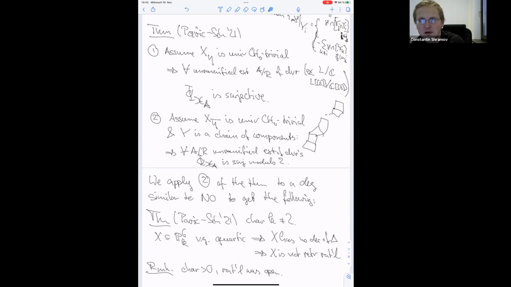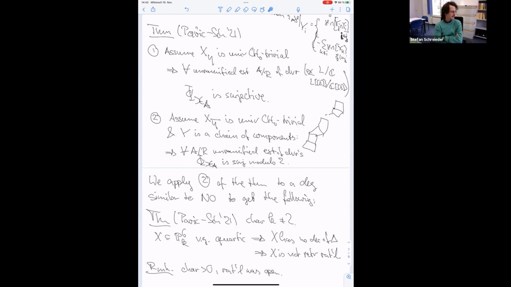Yes, exactly. But how about low dimensions? For example, surface over non-closed field. Is it maybe more clear? Oh, that's a good question. I don't know if people looked at this.